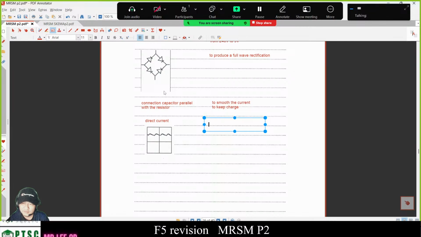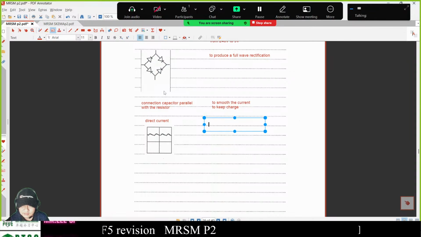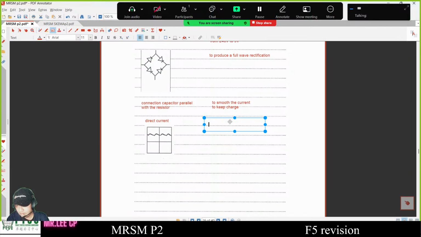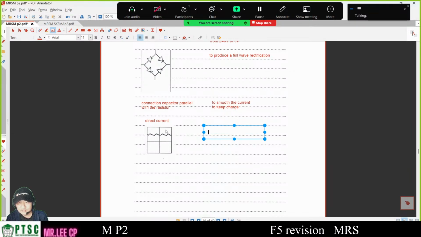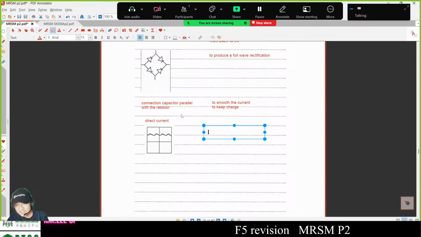So explain why. The effect from the capacitor. Or I am not sure what I should explain here. So the output is here. Why? Because we are adding a capacitor.